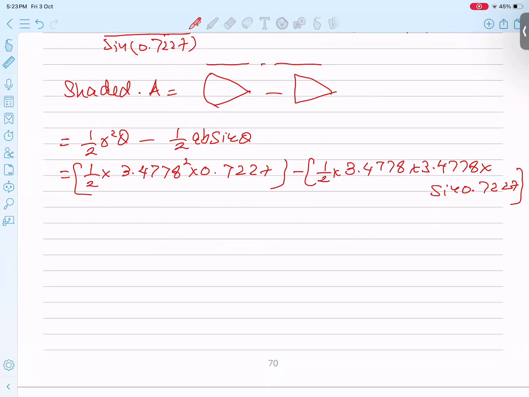Half into 3.4778 squared into 0.7227 minus half into 3.4778 into 3.4778 into sine of 0.7227. When I type in the calculator, the answer is coming for the shaded area.